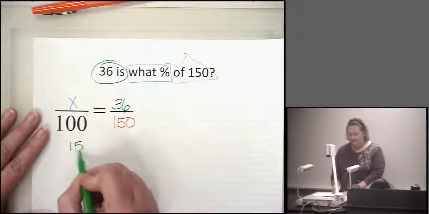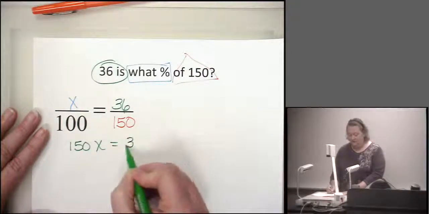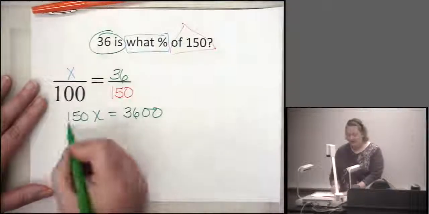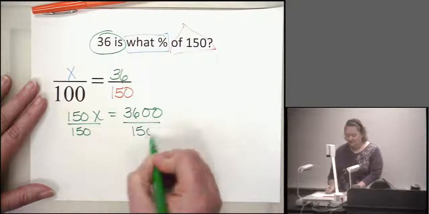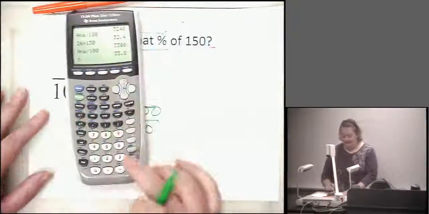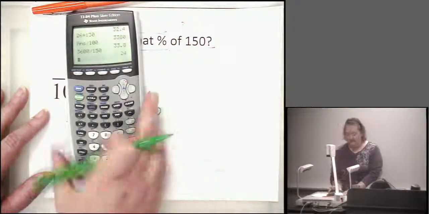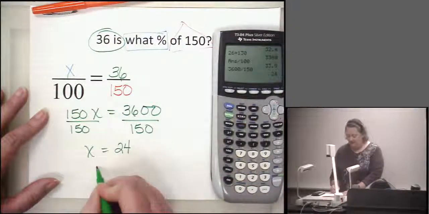I'm ready to do my cross multiplying. That'd be 150x equals 36 times 100, which would be 3,600. Divide by 150. 3,600 divided by 150 gives me 24. So that's 24.